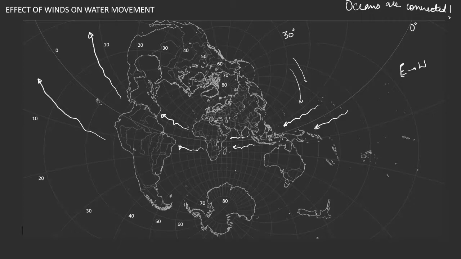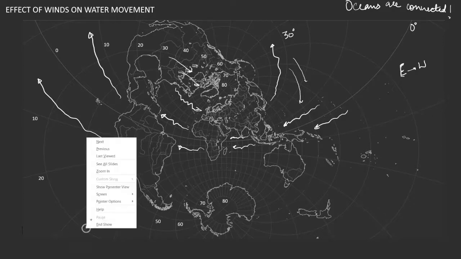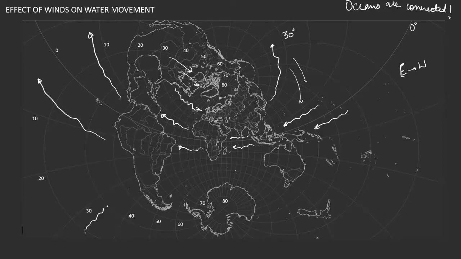Then we have the westerlies, which go from 30 degree to 60 degree, this way. So what they will do, they will drag all the water from west towards east, this way. And of course, yes, this will happen in both the hemispheres, so don't get confused. This way, this way, like this.